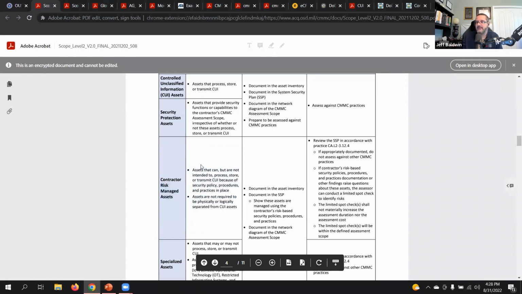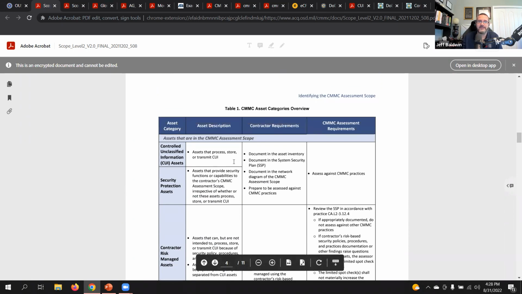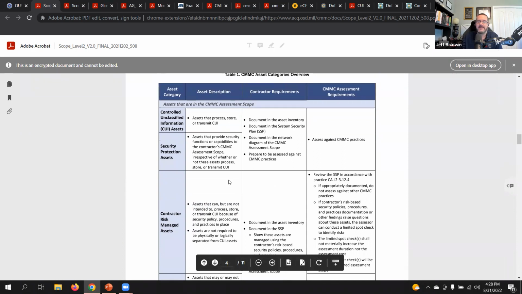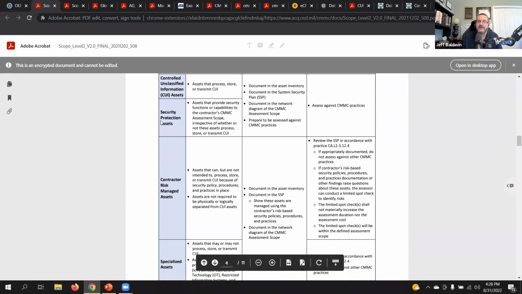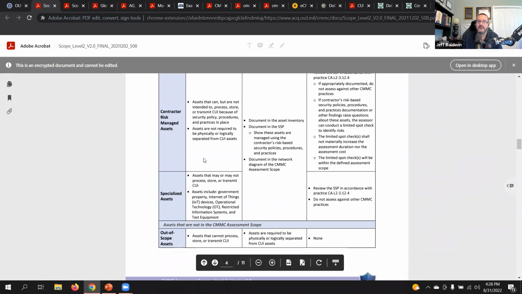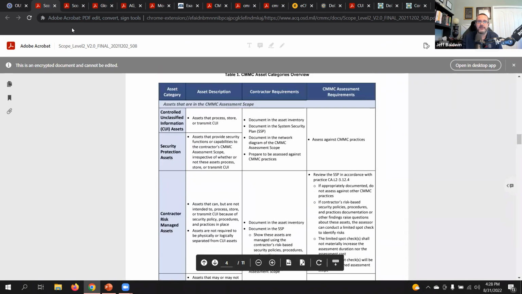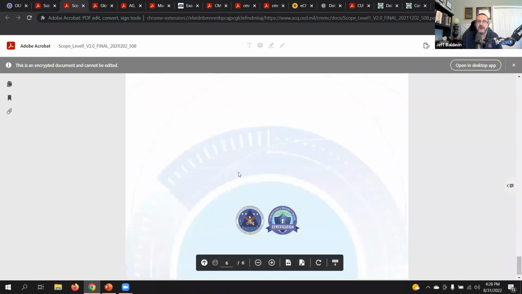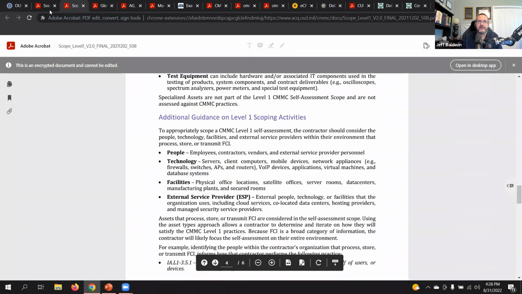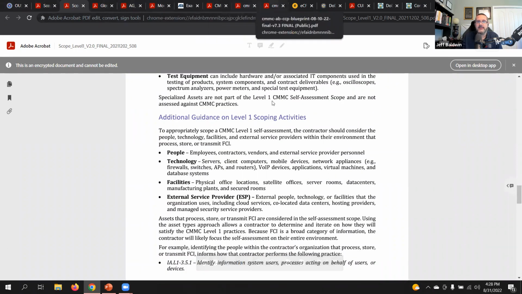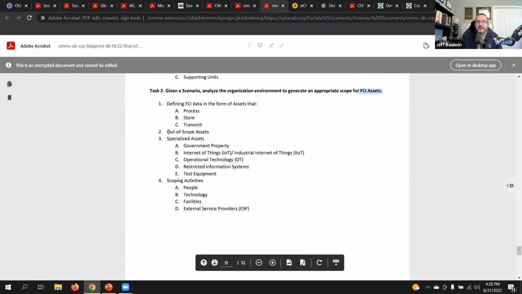Shouldn't see that on the CCP because the CCP is focused on Level 1. However, you never can be sure what's going to happen when people are involved and people make the questions. So I wouldn't expect it, but if you did happen to run across that, you have the other scoping guide as well. So you have your Level 1 scoping guide and you have your Level 2 scoping guide. When you're doing a CCP level, you should only be really focused on these things here that are on the blueprint.